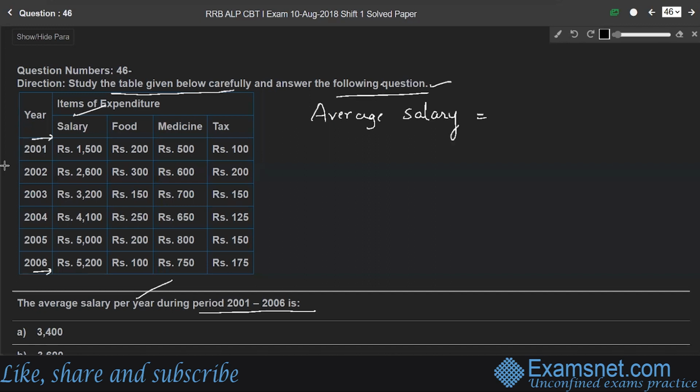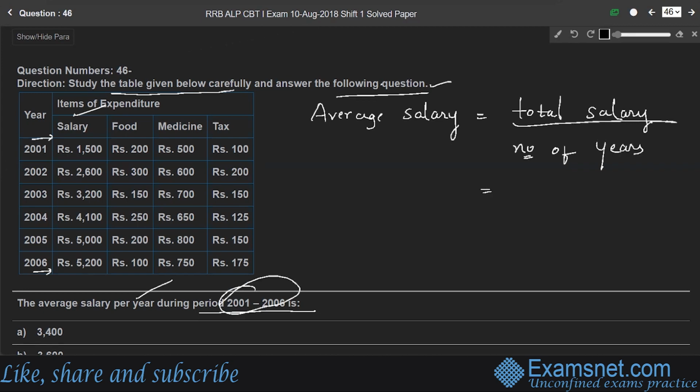According to the concept of average, it is total salary divided by the number of years. So we are considering years from 2001 to 2006, therefore 6 years.